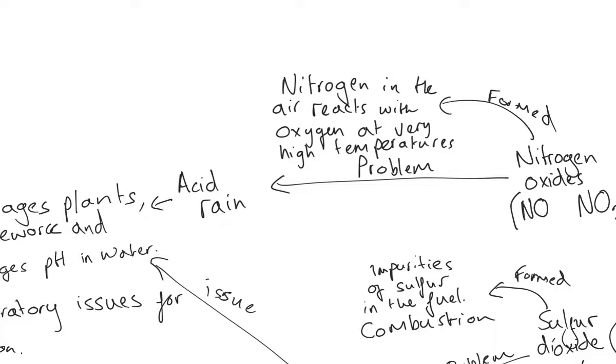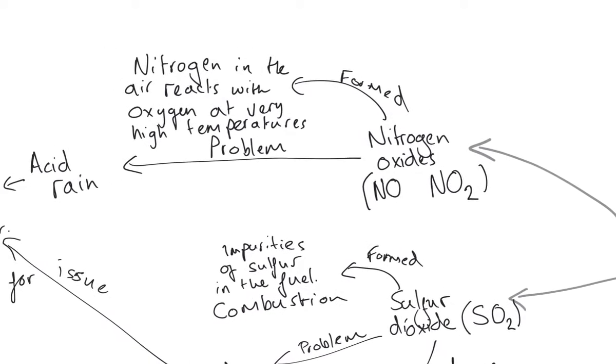And the way that we reduce the amount of nitrogen oxides that gets into the atmosphere: there's the same process as for sulfur. We can remove it from the waste gases. You can also adjust the way the fuel is burned to reduce the amount produced. So if you can burn it at a lower temperature, or you can adjust the amount of nitrogen in the mix when it reacts. An interesting one.